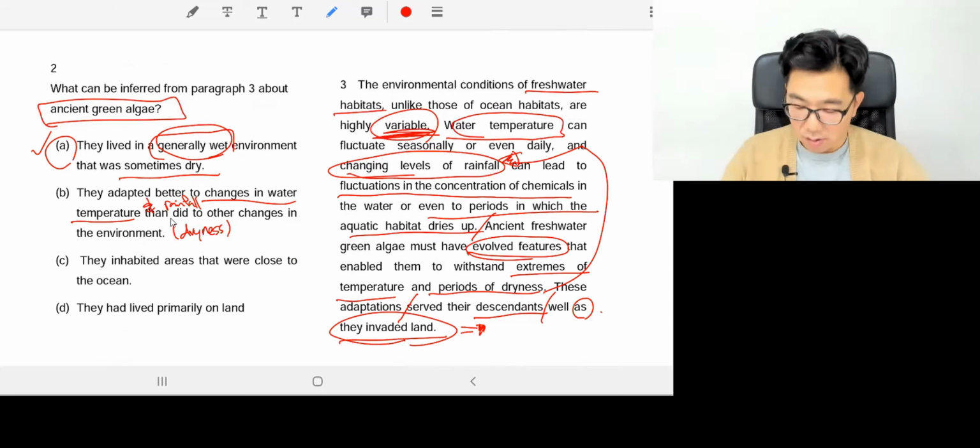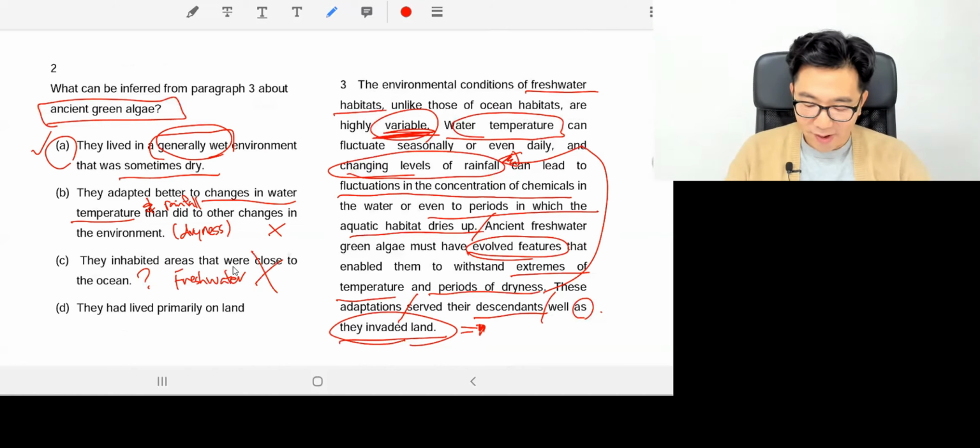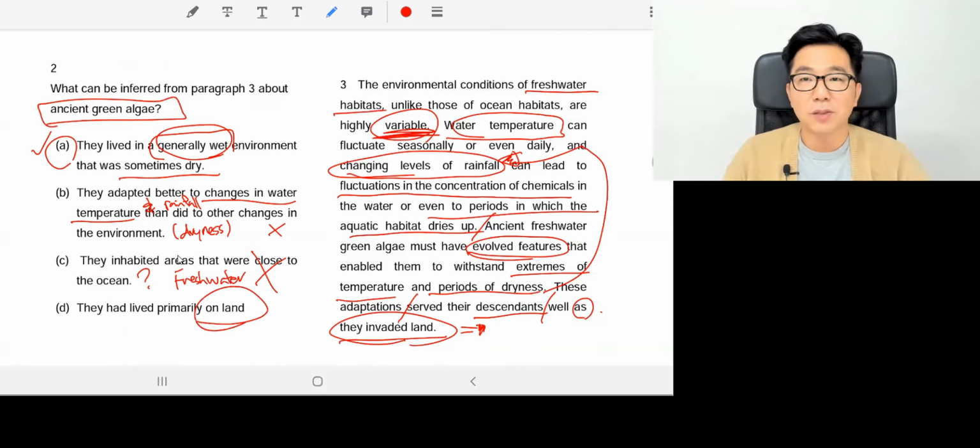Okay, so B is wrong. C, they inhabited areas that were close to the ocean. How do you know? It said freshwater. Does freshwater need to be near the ocean? Okay, no. D, they had lived primarily on land. What are you talking about? Okay, so it's pre-land plant. They inhabited freshwater. So the answer is A.